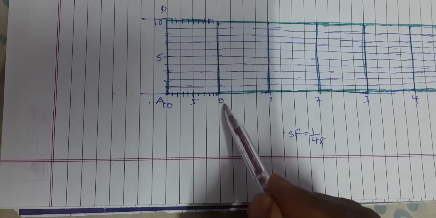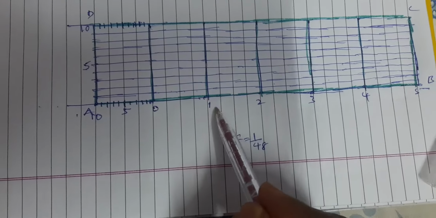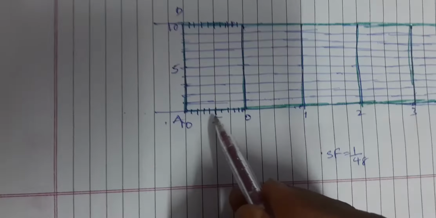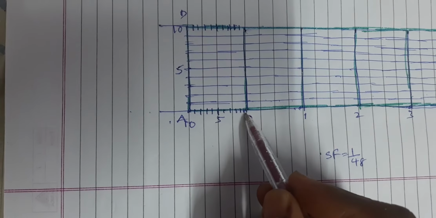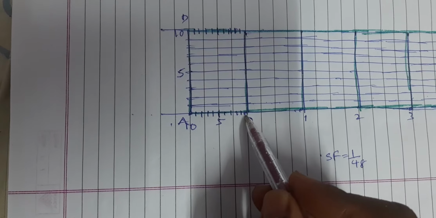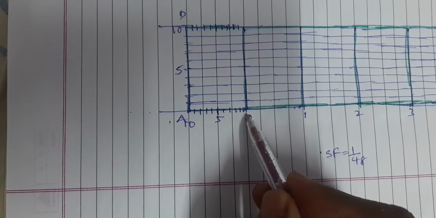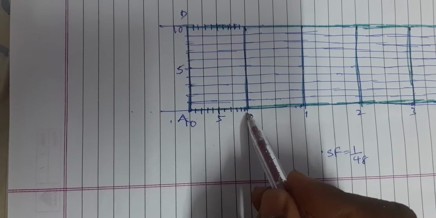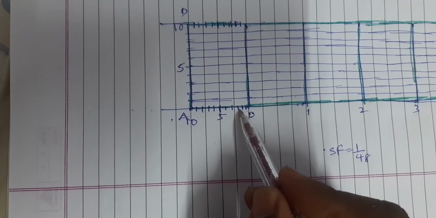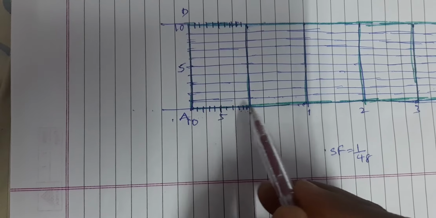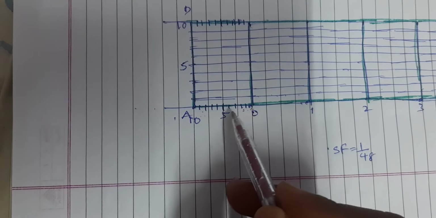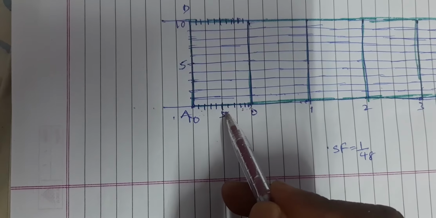Now put 0 at the end of the first division, and next 1, 2, 3, 4, 5. Coming to the first division, each division represents 1 meter. 1 meter equals 10 decimeters, so divide this segment into 10 equal parts.